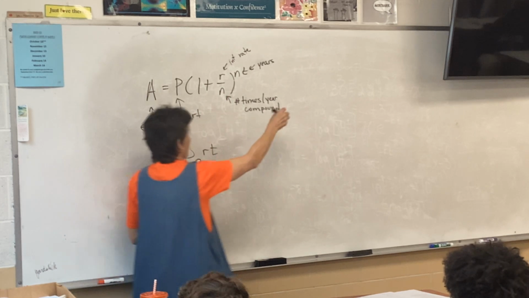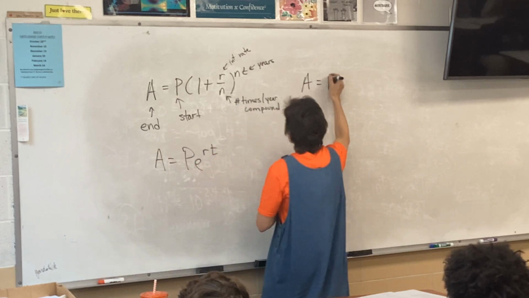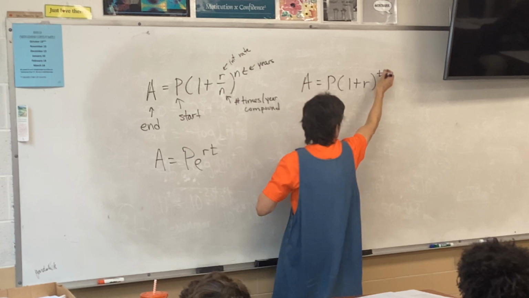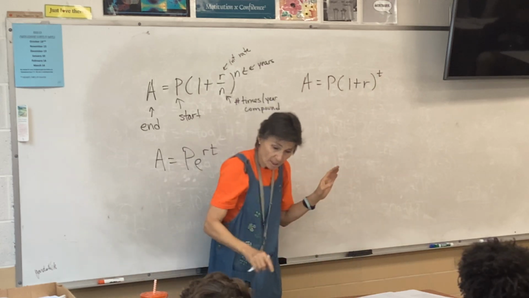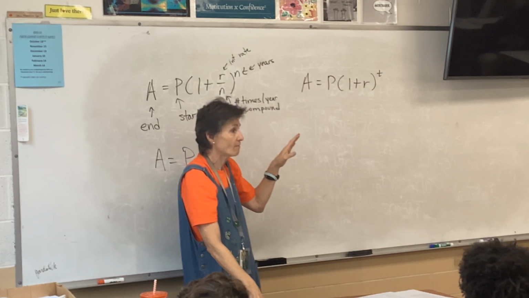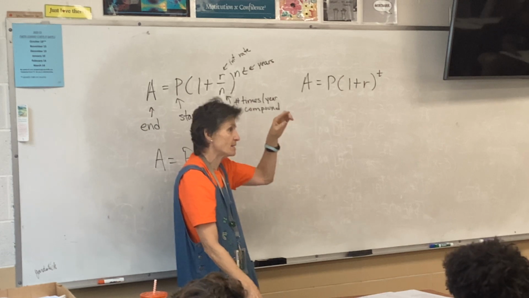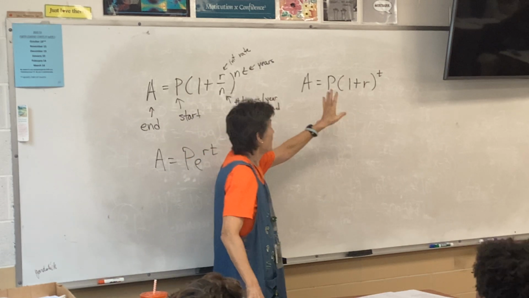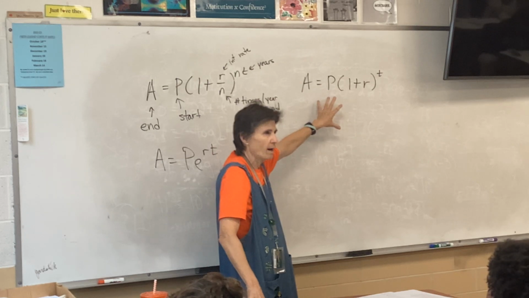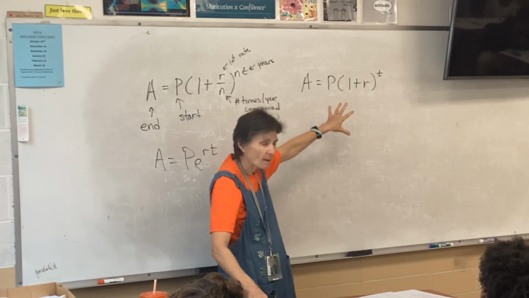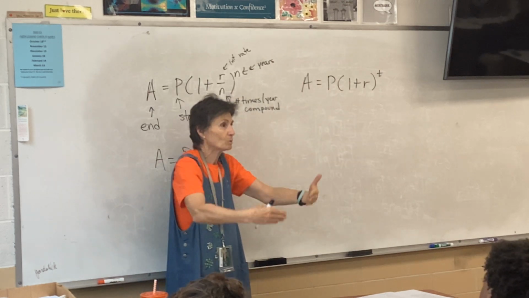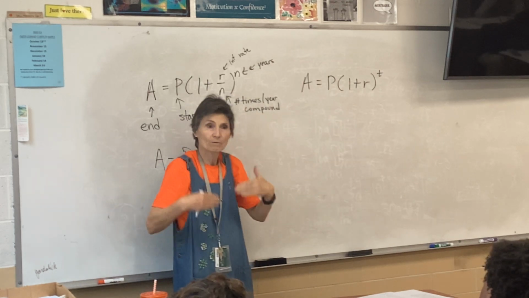If n is 1, won't it look like 1 plus r to the t? Which is the formula they have at the top, only they use n for years, we've been using t for years. So this isn't a separate formula. They listed it separately, but that's what happens if you only compound once a year, at the end of every year.